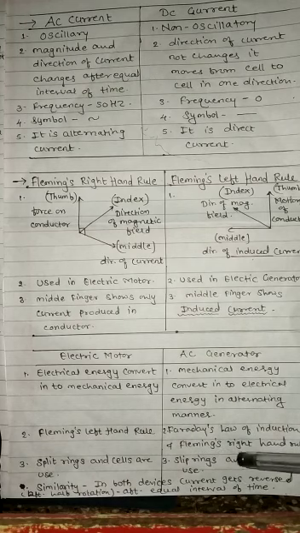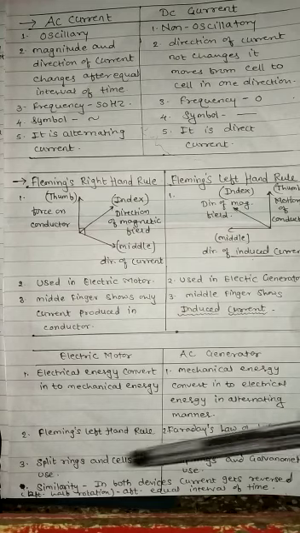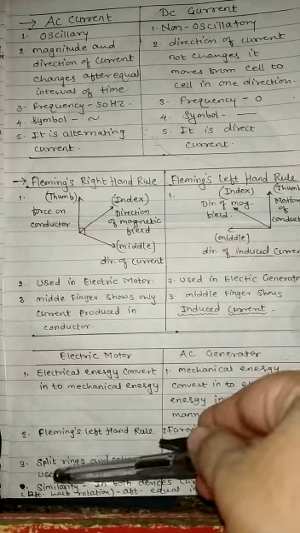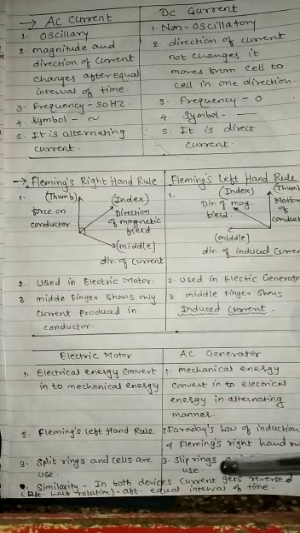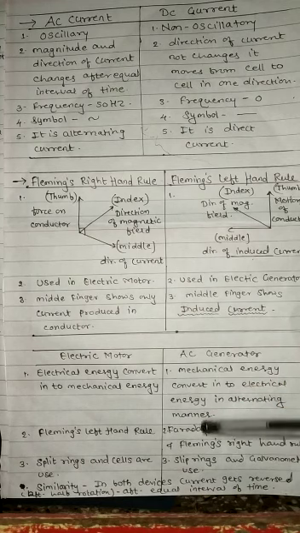Both laws are used here, Faraday's law of induction because induced current is produced here, and Fleming's right hand rule also. Then third, in an electric motor, split rings and cells are used to complete the circuit, and in an AC generator, slip rings and a galvanometer are used to complete the circuit. So these are the points of difference between electric motor and AC generator.